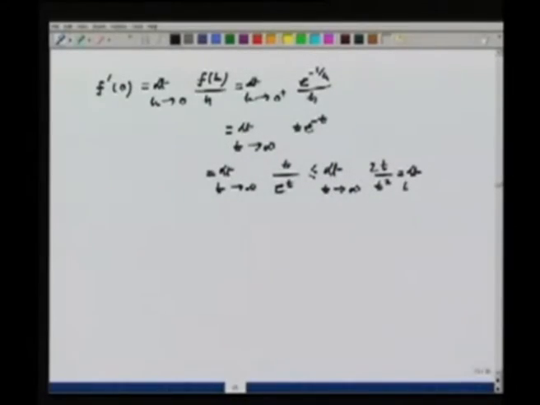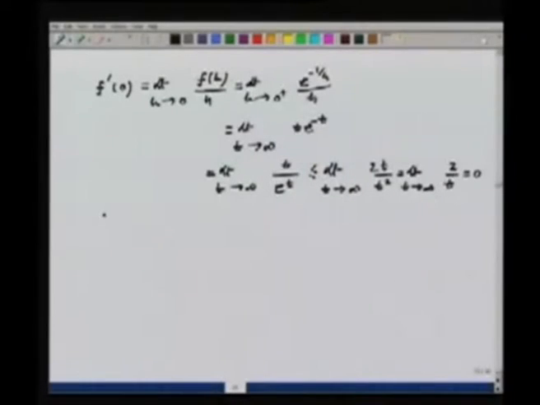So what I get here is the limit as t goes to infinity of 2 by t, which is again equal to 0. So the derivative exists, and not only that, the derivative at 0 is 0.